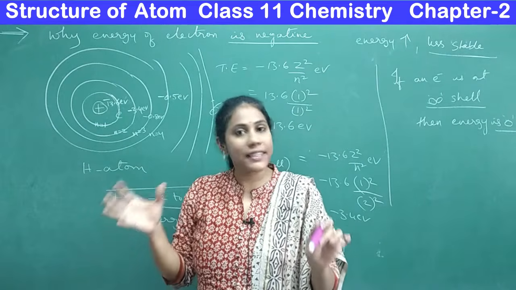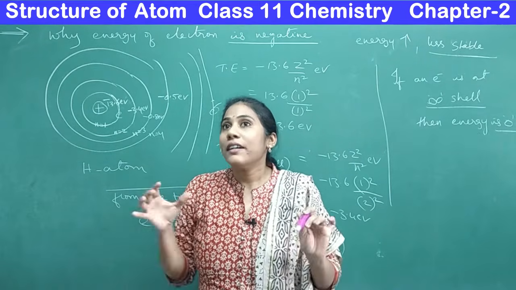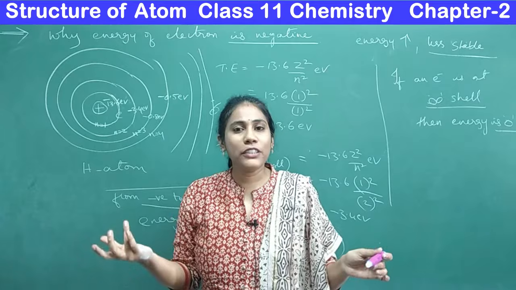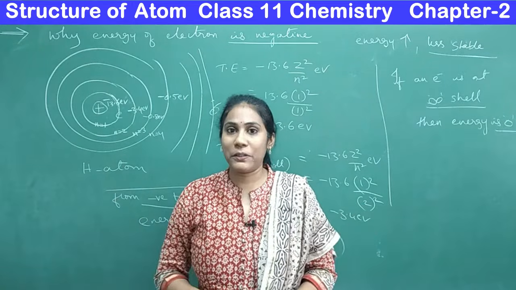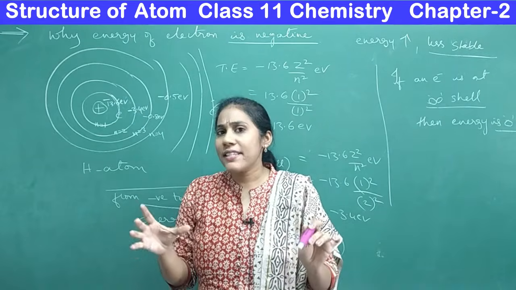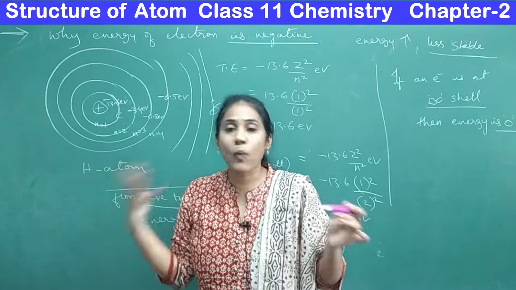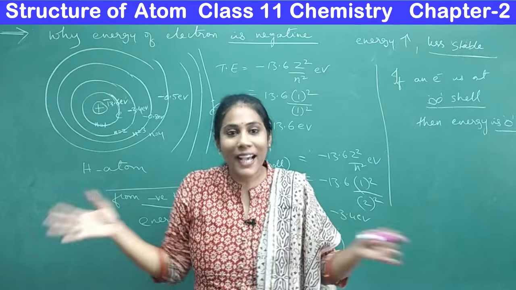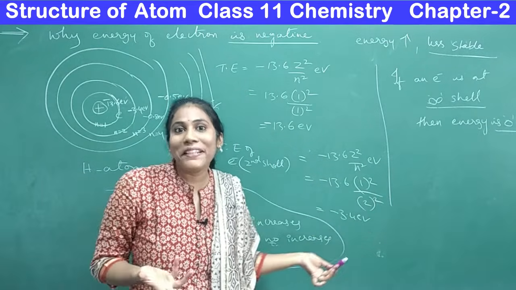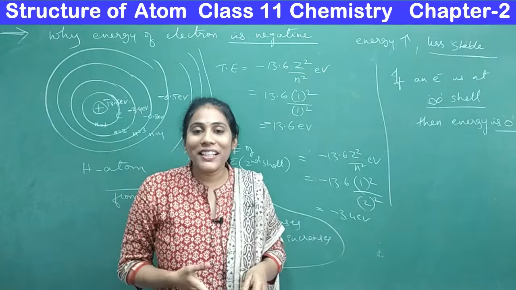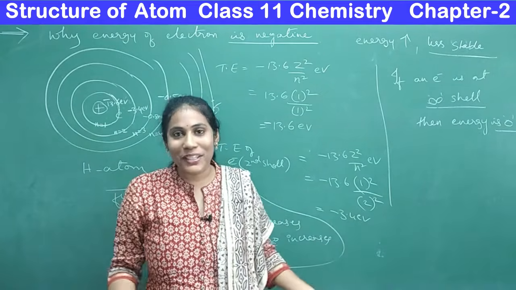Now using this Bohr's model, in my next class we will discuss hydrogen's line emission spectrum. I told you Bohr has given the best explanation of why radiations are emitted. I think you understood why radiations are emitted, right? What actually happened in the atom for the emission of radiation, all that you understood, right?